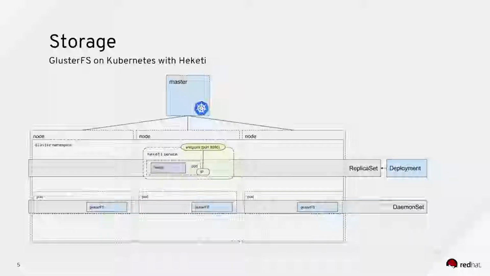Then, in order to front GlusterFS with an API that Kubernetes can consume, we utilize a deployment. A deployment is basically a term that says I want to deploy something, and it's a template. The way it does that is via a replica set. A replica set is one or more services that run and get scheduled on the node. So in this case, our replica set is 1.